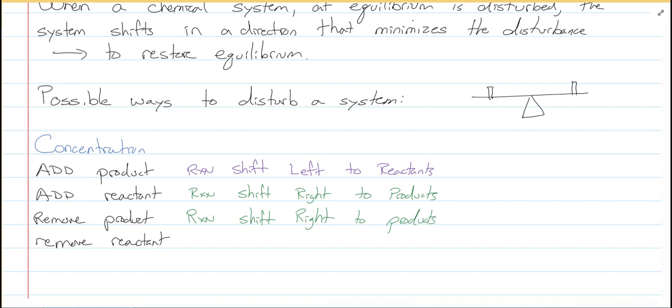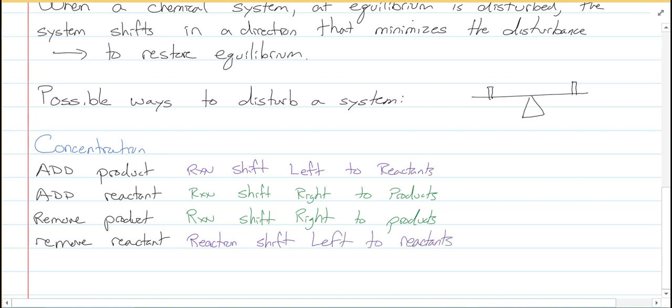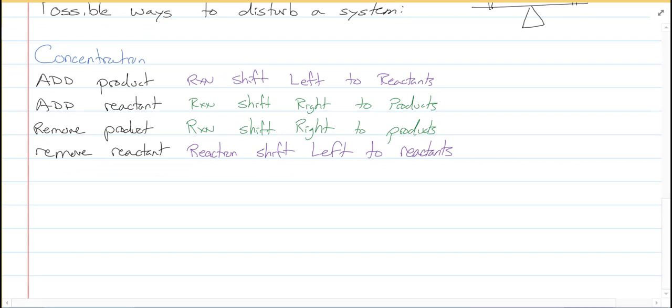And conversely, if I remove reactants, the reaction will shift back left to reactants. So that's concentration. It's very similar to Q. Le Chatelier's principle is basically the same thing. Q just has numbers, whereas with Le Chatelier's principle we're just looking at where we're adding and where the teeter-totter is going to go, where the reaction is going to proceed to even out and get back to K.